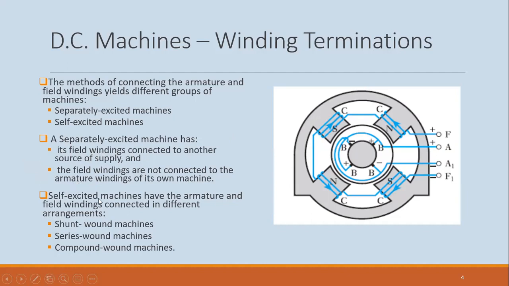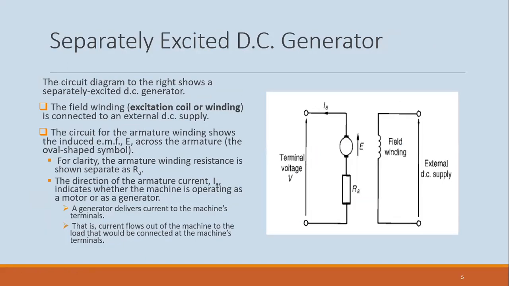While in the self-excited machine, the same source of supply would be connected to both the field and the armature winding. So the self-excited machine can be arranged in these forms: what is called a shunt wound, the series wound, and the compound wound machine.